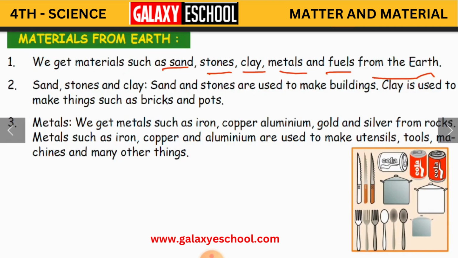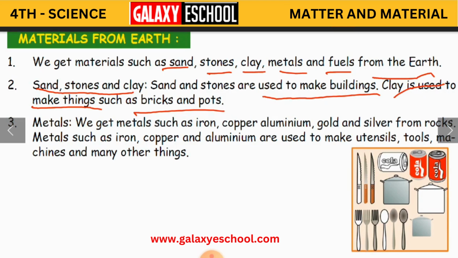Sand, stones and clay are used to make buildings, and clay is used to make bricks and pots. Why do we use sand and stones? We use them to construct a particular house, a particular building.